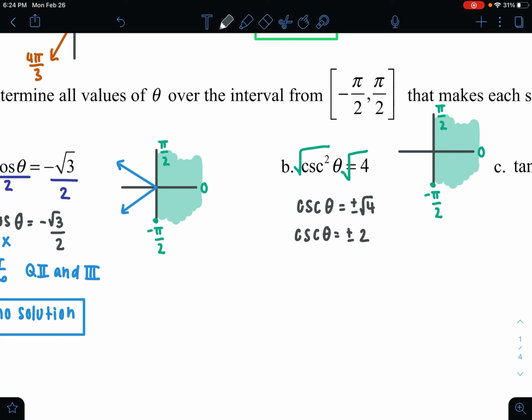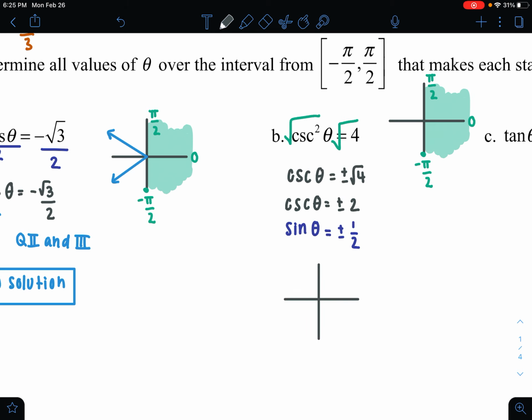Okay, so now I want you to ask yourself, what is the reciprocal function of cosecant? Well, we know the reciprocal function of cosecant is sine, and that the reciprocal of plus or minus 2 is plus or minus 1/2. So if we look here, we have to account for 4 different situations now.